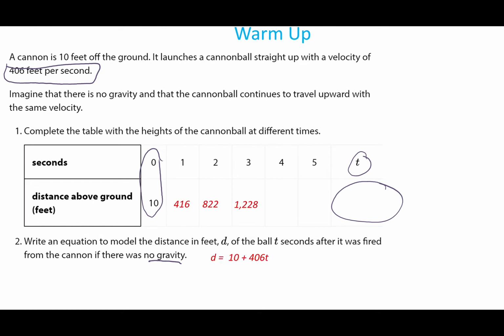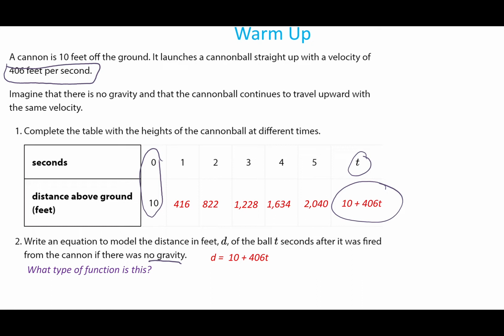Our values in the table, if we substitute in our value for 1, after 1 second we have 10 feet plus the 406 feet per second, so 416. And then as we keep going, we've got an increase of 406 feet per second. Right now we have our equation d equals 10 plus 406t.